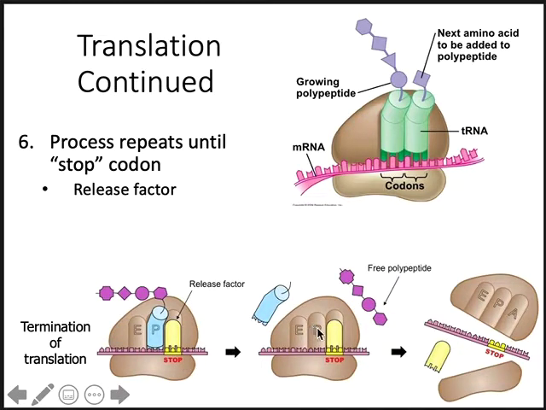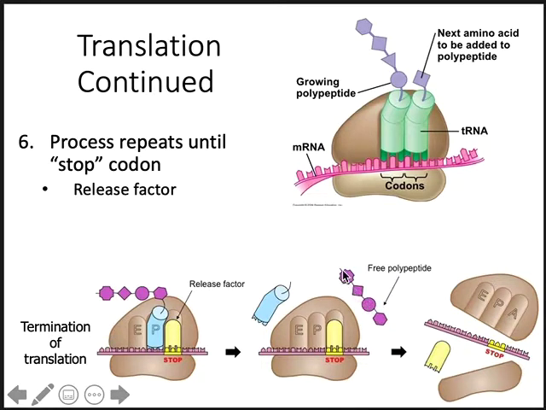That's going to cause your previous tRNA to be ejected. Your polypeptide chain that you made, which of course would be much longer than what's shown here, that's now free, and then the whole complex falls apart.